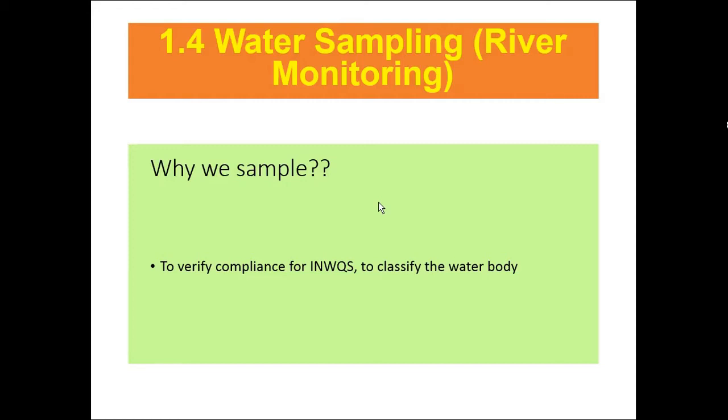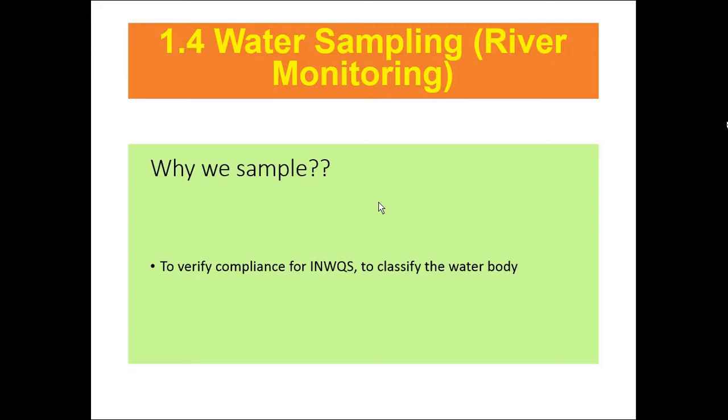So why do we need to sample the water? Sometimes water sampling is a guideline or requirement from the authorities. Sometimes we sample the water to know the type and quality of the water in that area.